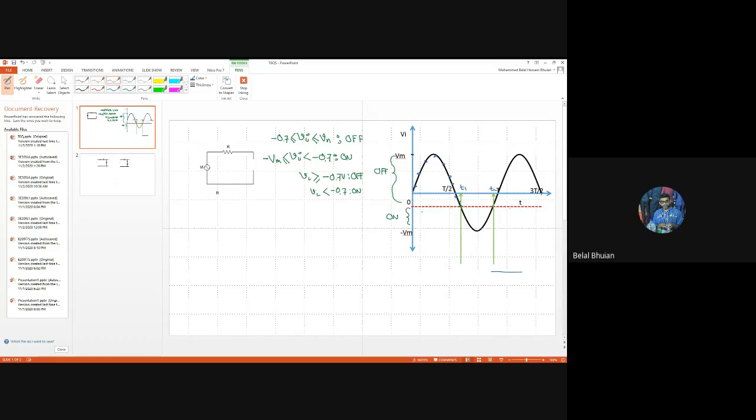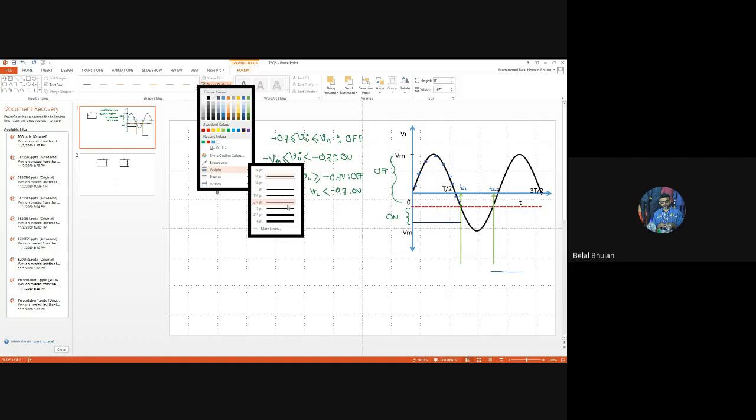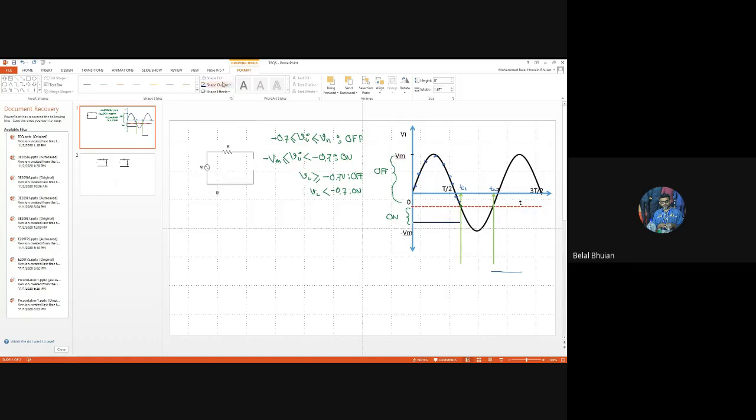And that happens in this interval from 0 to T1.